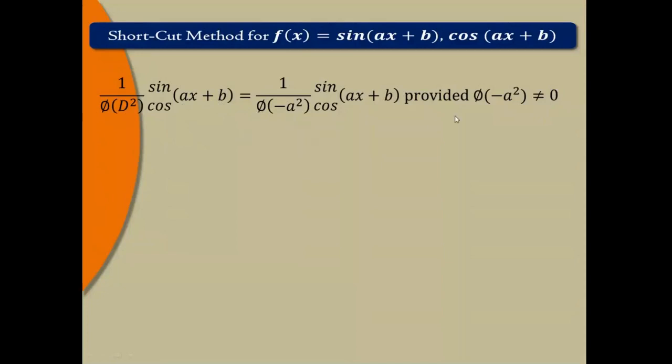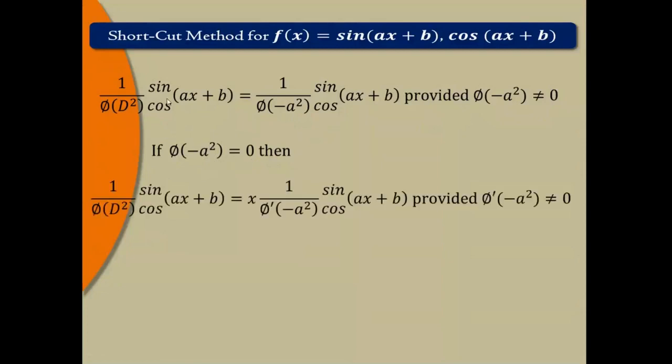Now, it may happen that after doing the replacement, this phi of minus a square becomes 0. Then what to do? Whenever phi of minus a square is equal to 0, we have to take the derivative of phi, that is phi dash, and then replace D square by minus a square.